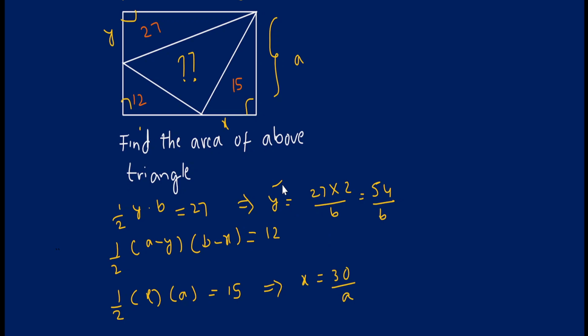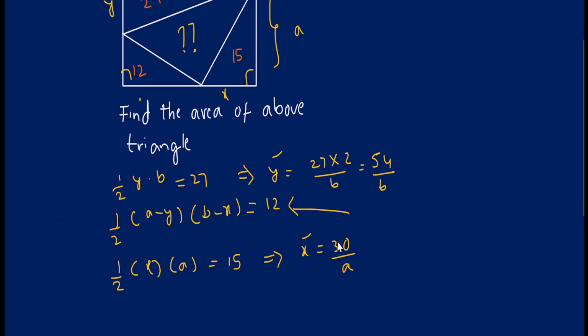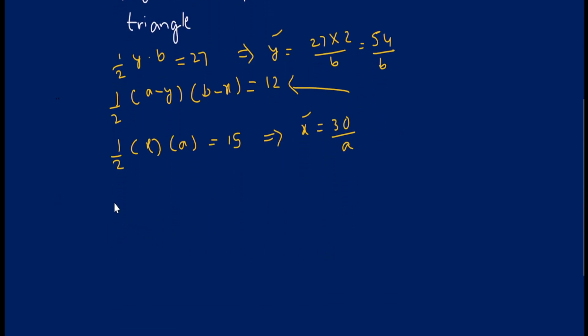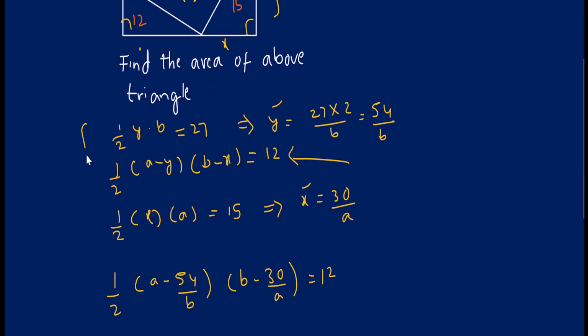Now we have y and x. Let's substitute these two here to eliminate x and y permanently. So let's substitute half into (a minus the value of y, which is 54 by b) times (b minus the value of x, 30 by a), which is equal to 12. If you clearly observe, until the time you are writing these three equations, it is geometry.